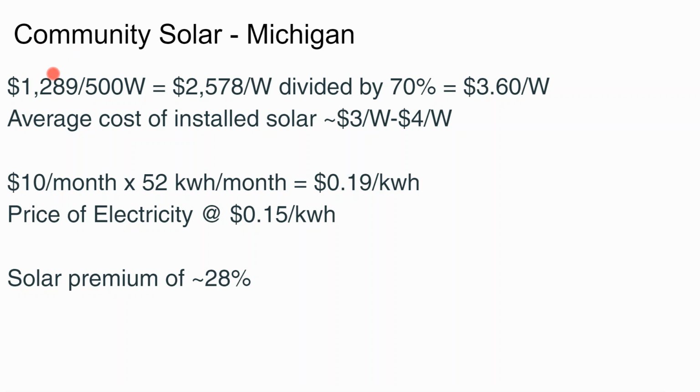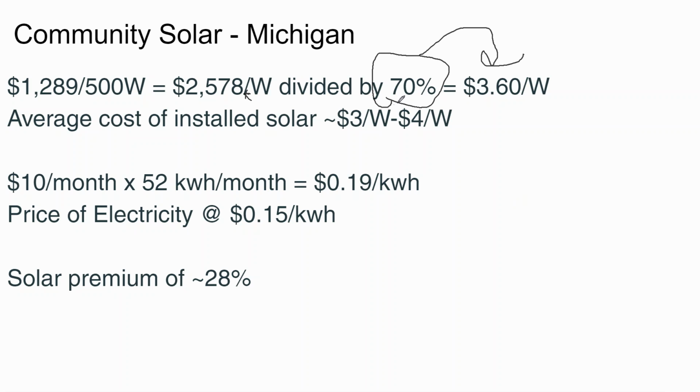Okay, so $1,200 to $1,300 divided by 500 watts. It's like double that divided by 1 kilowatt. And then if you back out the 30% tax credit, that's equivalent to paying $3.60 per watt for installed solar.